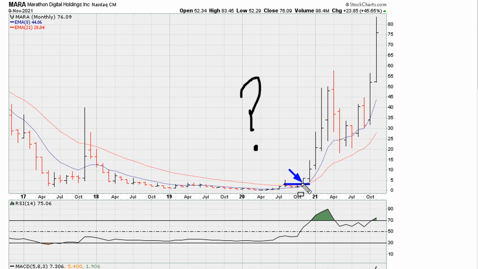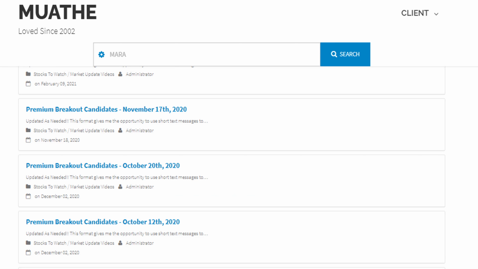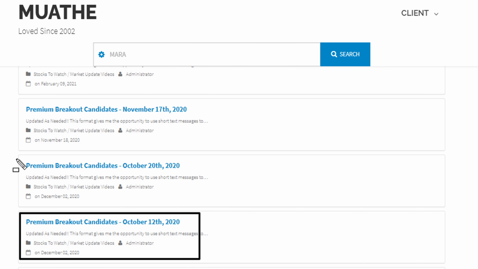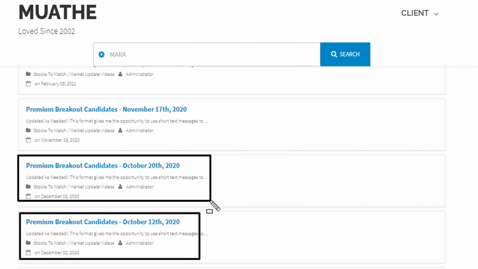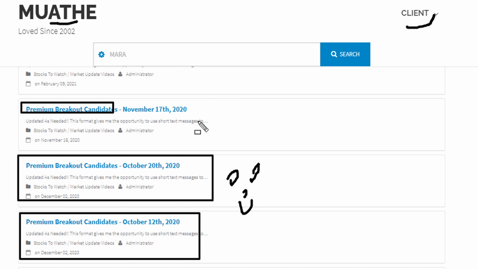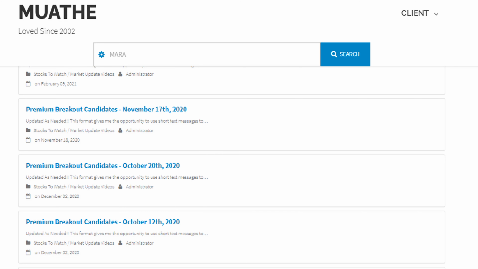Well, if you know what you're looking for, as of October 2020, this stock was mentioned at least twice in October of 2020 for paid clients. Not too shabby, I would say. In another instance in November, and it's been mentioned many times since.